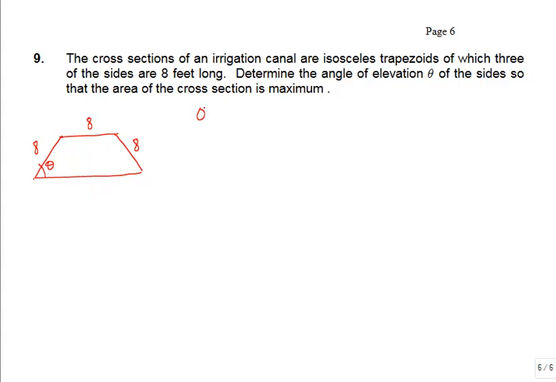So our objective is we want to maximize the area of this cross-section. And they're telling me that these cross sections are these shapes. So really what we're just trying to do is maximize the area of this trapezoid.